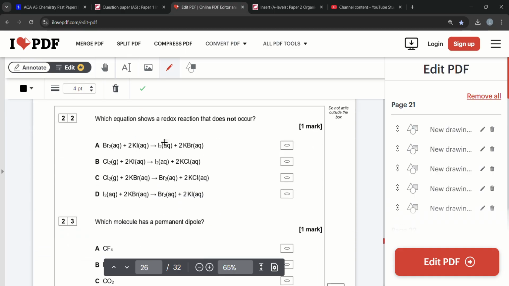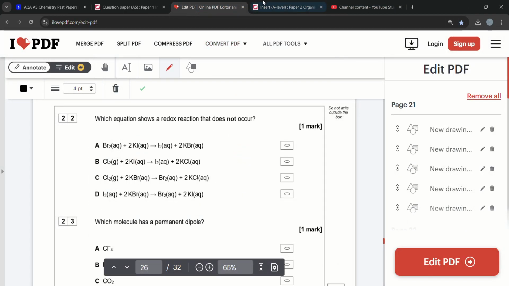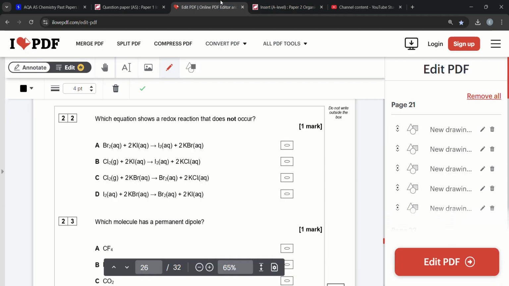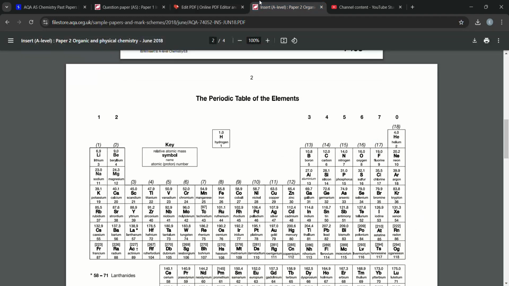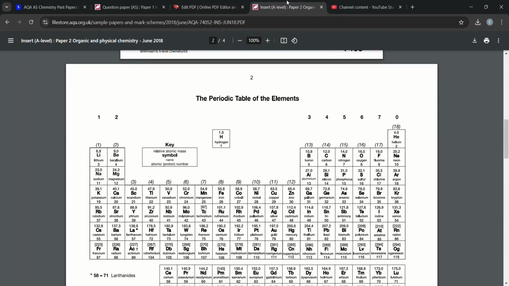Question 12, which equation shows a redox reaction that does not occur? Bromine plus 2KI gives iodine plus 2KBr. Look at it: fluorine, chlorine, bromine, iodine, astatine. So bromine and potassium iodide, chlorine and potassium iodide, chlorine and potassium bromide, iodine and potassium bromide.